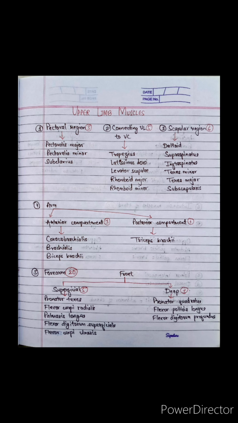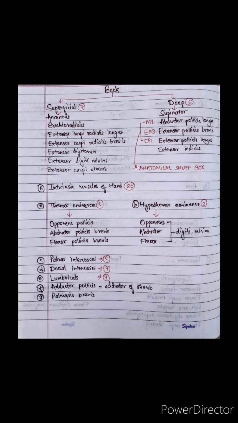longus, flexor digitorum profundus. The muscles of back of forearm is also divided into superficial and deep region. The muscles of superficial region are 7 in number, and they are anconeus, brachioradialis, extensor carpi radialis longus, extensor carpi radialis brevis, extensor digitorum, extensor digiti minimi, and extensor carpi ulnaris.